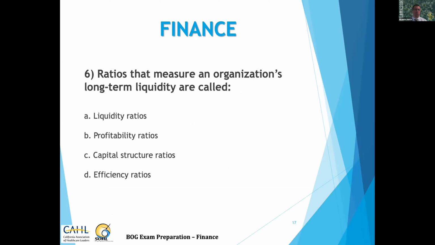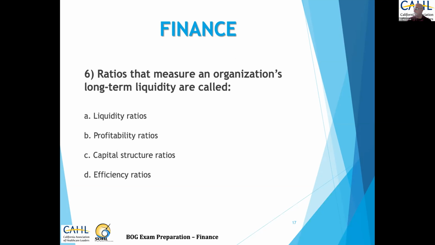Number 6, ratios that measure an organization's long-term liquidity are called... I mean, it seems like A is the obvious one, right? Profitability, not necessarily, because you may be very non-profitable, but you got a lot of cash sitting there.